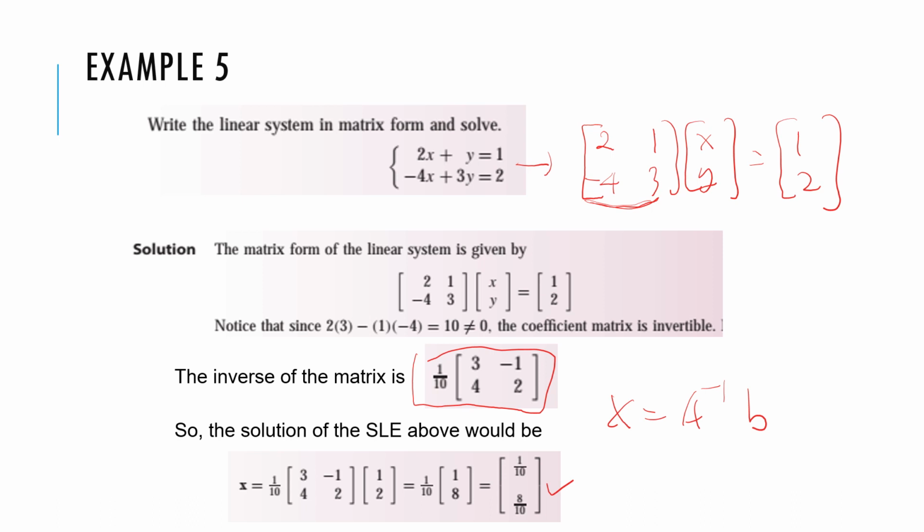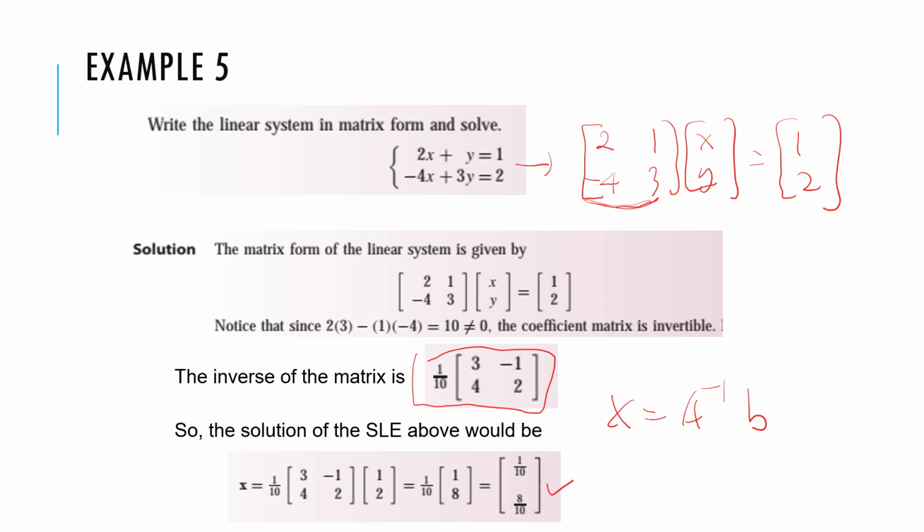Alright, so here is the example. Let's say we have a system consisting of two equations and two unknown variables. From here we can form it in matrix form like this. Here we have the matrix 2, 1, negative 4, 3, and this is the unknown variables, and this is the right hand side.